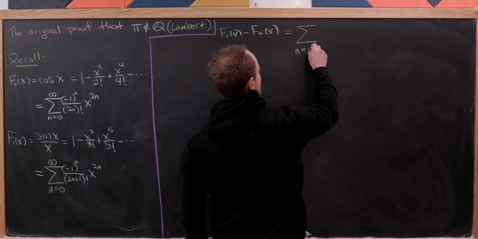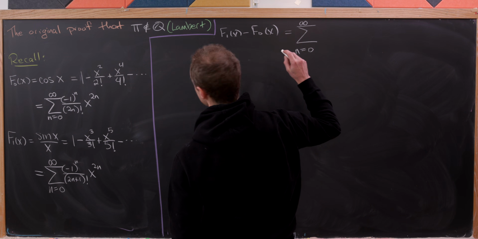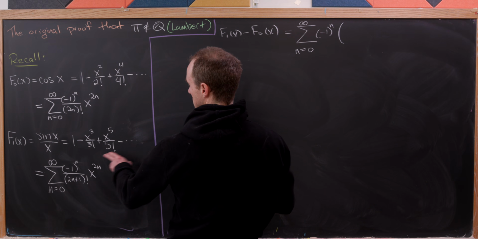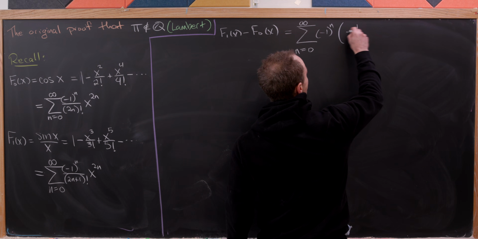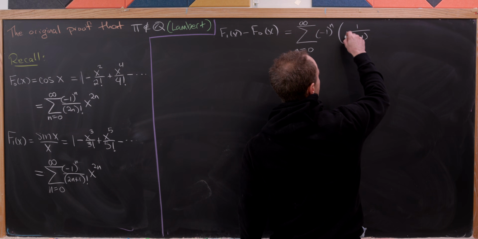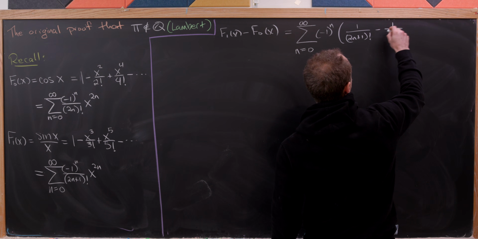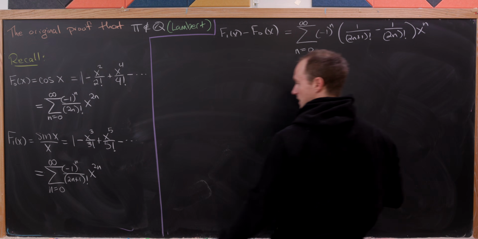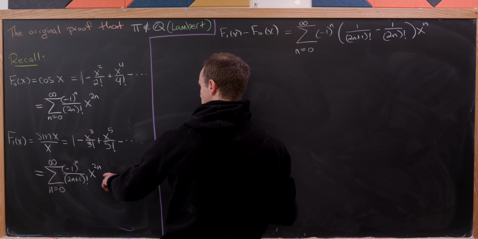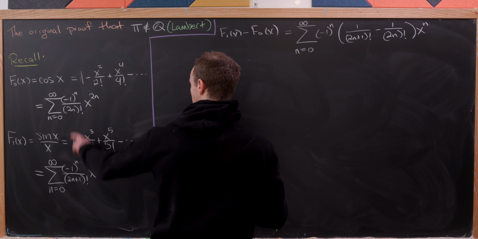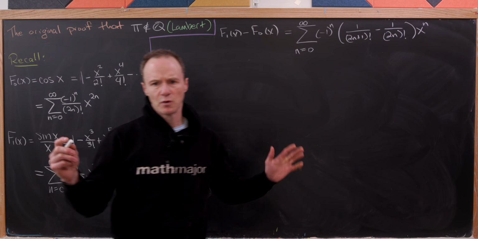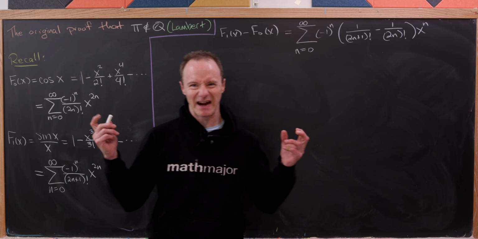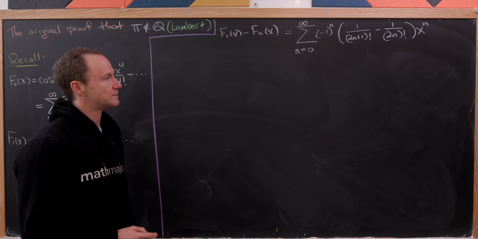That's the sum as n goes from 0 to infinity of minus 1 to the n, and then we'll have 1 over 2n plus 1 factorial minus 1 over 2n factorial times x to the 2n. Because notice we've got x to the 2n in both, and minus 1 to the n in both of them, so we can factor those out. So really we're just taking the difference of these factorial parts.